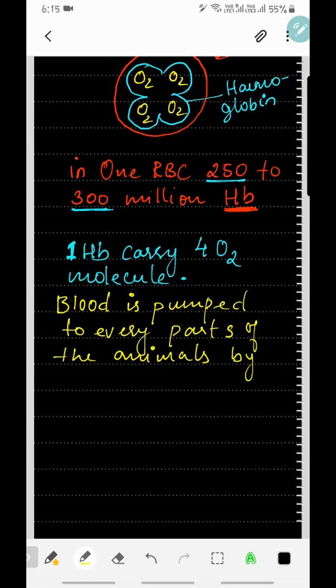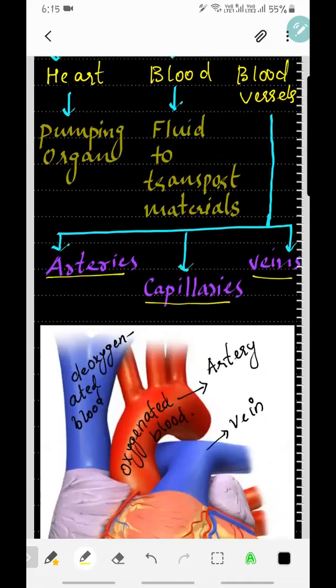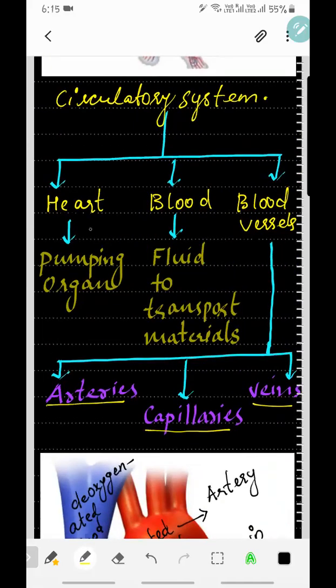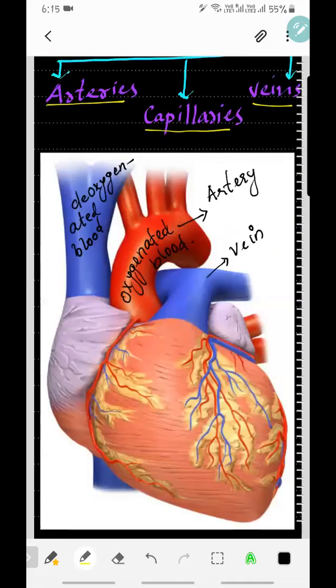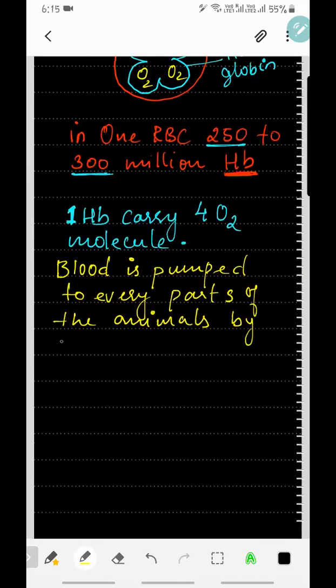Who is pumping? What is the pumping organ? In the starting I told you, the heart is the pumping organ. Blood is pumped to every part of the animal by the heart.